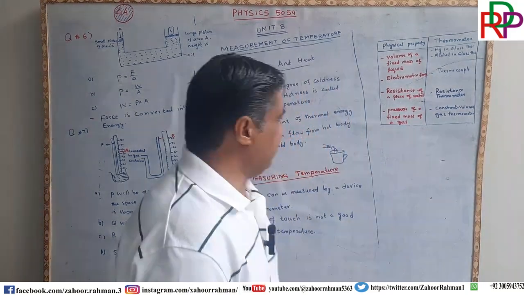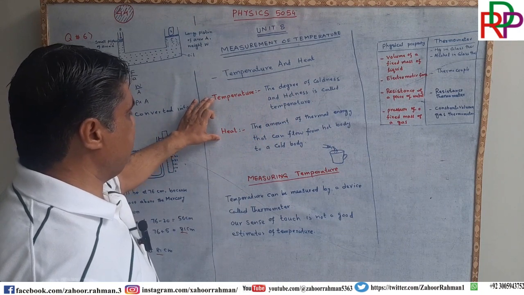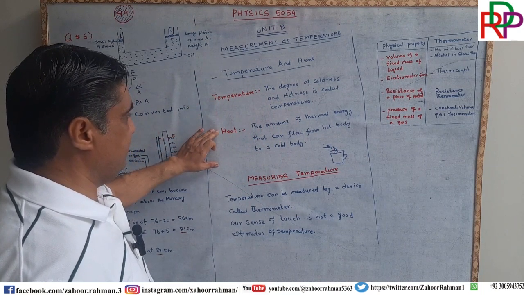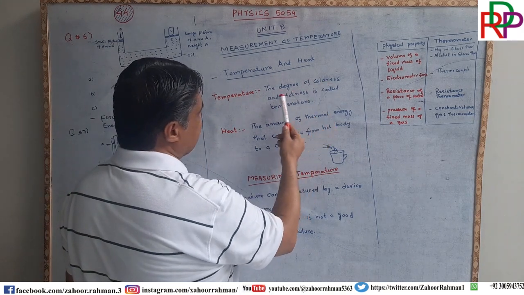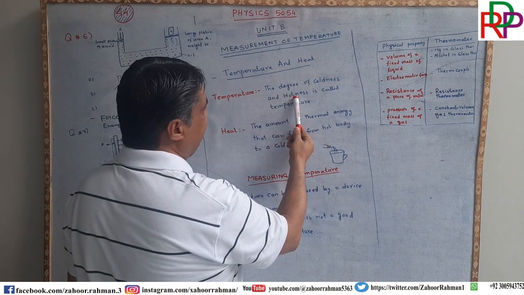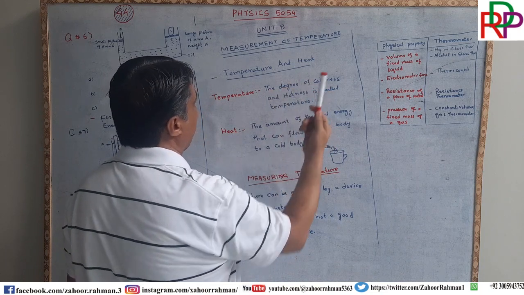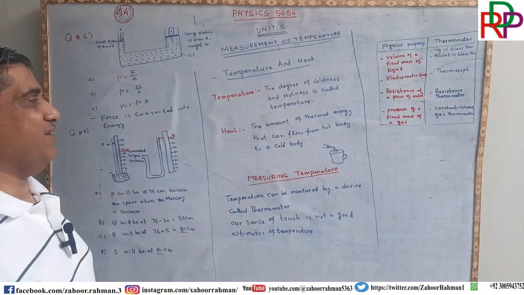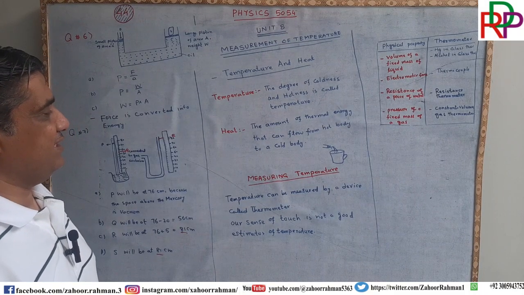So now let us formally define temperature and heat. The degree of coldness and hotness is called temperature. The measurement of coldness and hotness is called temperature, which is also the definition.